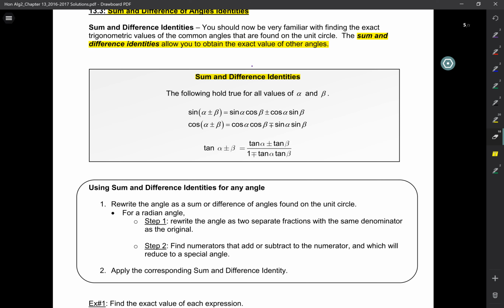So if you write it in this order, here's the song. Sine, cosine, cosine, sine, cosine, cosine, sine, sine. And then you just sing it, and that's what it is. You just can't sing it on the quiz. Not out loud.